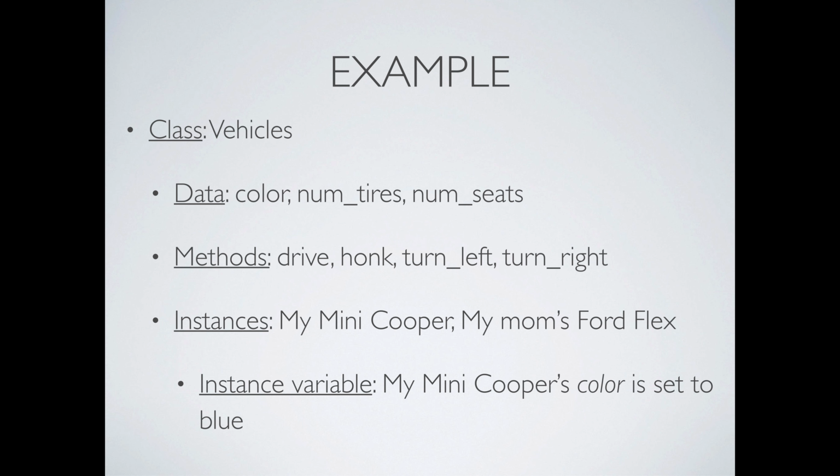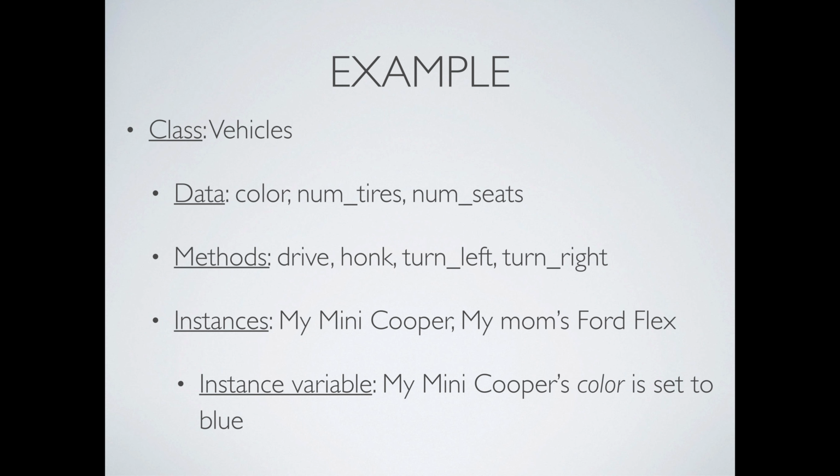And then an instance variable would essentially be the variable of a particular object instance, let's say my Mini Cooper, that now has a specific value. So for example, my Mini Cooper is blue.